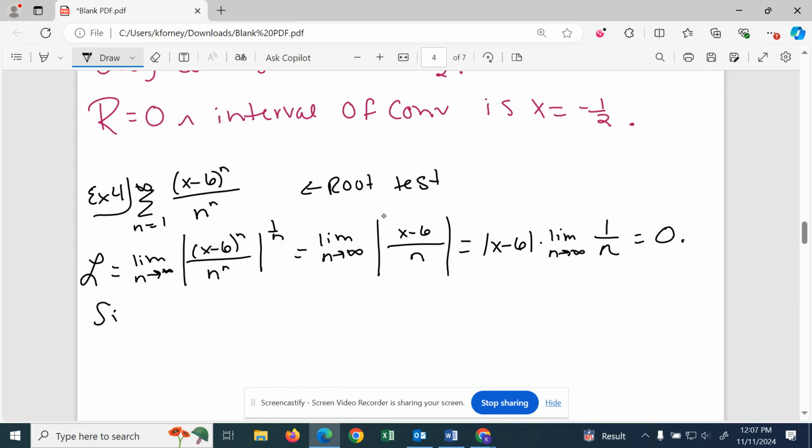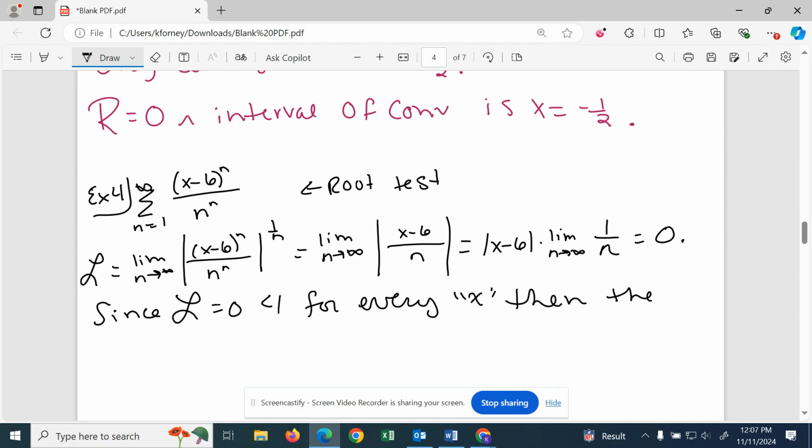So since the limit, which is 0, is less than 1 regardless of any value of x, it will converge for every x. Since 0 is less than 1 for every x, then the series converges for every x.